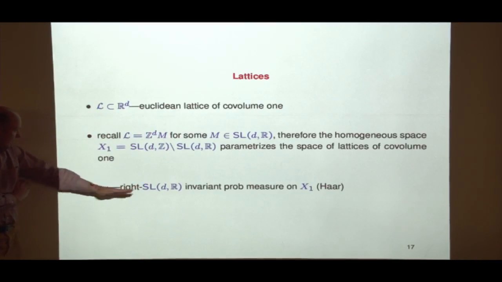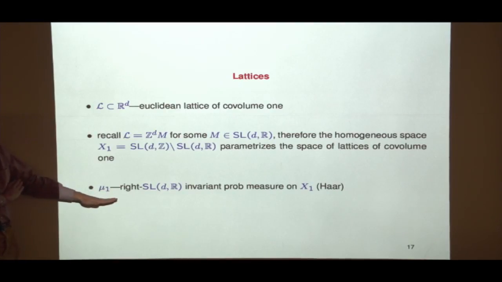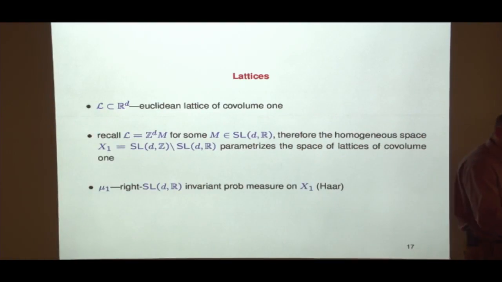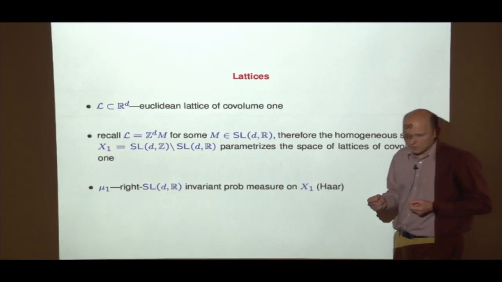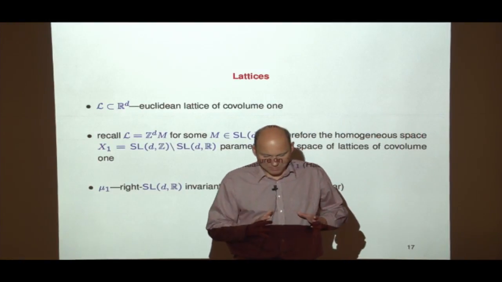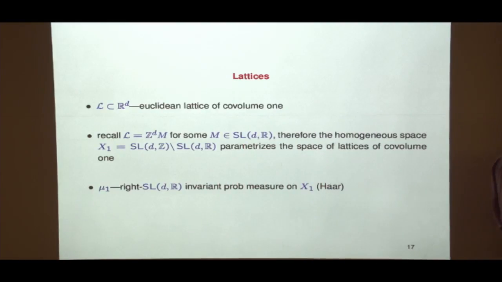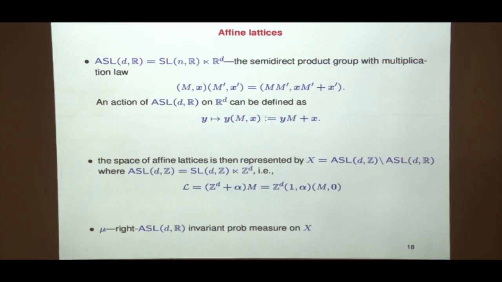And so we have a formula for the probability measure, which is now an SL(d,R) right invariant probability measure on this homogeneous space. Now, because we want to also shoot off not necessarily from a lattice point, but from some other point, we'd also like to shift our lattice so that the point where we shoot off from becomes the origin, and you can define analogously a space of affine lattices. I'm not going to go through this.